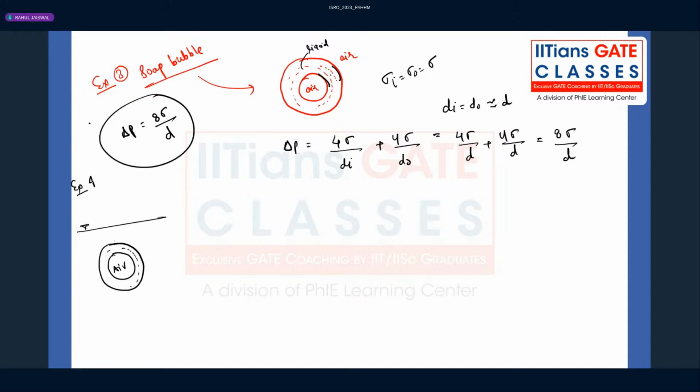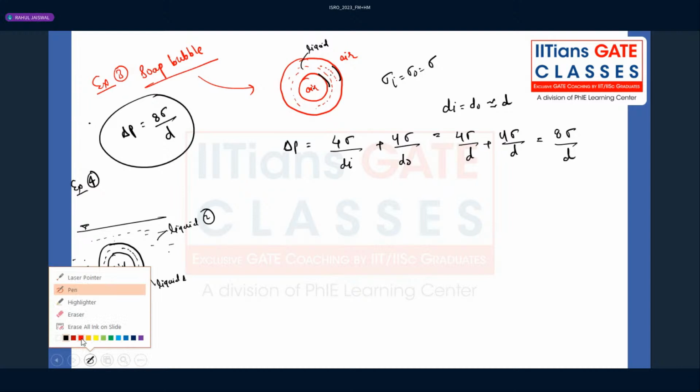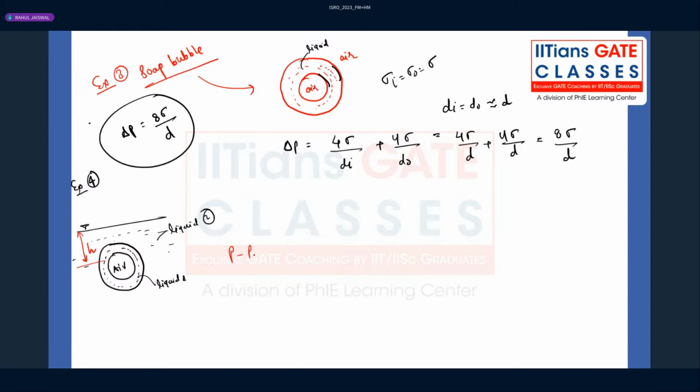I'm talking about example number 4. Here we have liquid 1, and outside it is being subjected to another liquid number 2, and this bubble is at a height of, let's say, small h. Again, what will be delta p in this case? Delta p in this case can be written as p minus p atm.